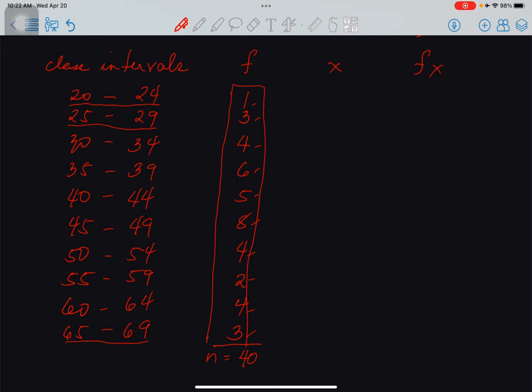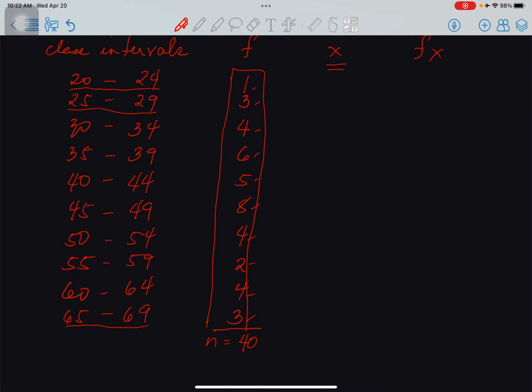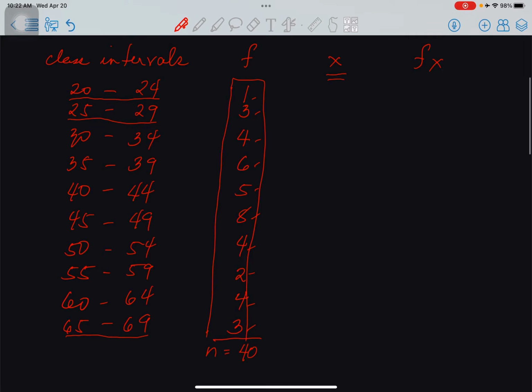Now, we are going to find out what is our midpoint. Remember that small letter x is known as our midpoint. When we talk about midpoint, this is now the mean between your class intervals. We sometimes call it the mid-range. We are just going to add your lower limit and your upper limit of every class interval.